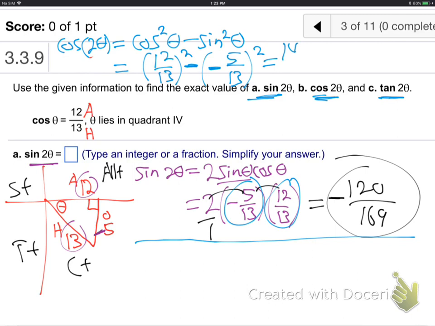If you use your calculator, this is 144 over 169 minus 25 over 169. Subtract those. 119 over 169. That's cosine 2 theta. Part B. See how they have questions A, B, and C? So that's the answer to B.